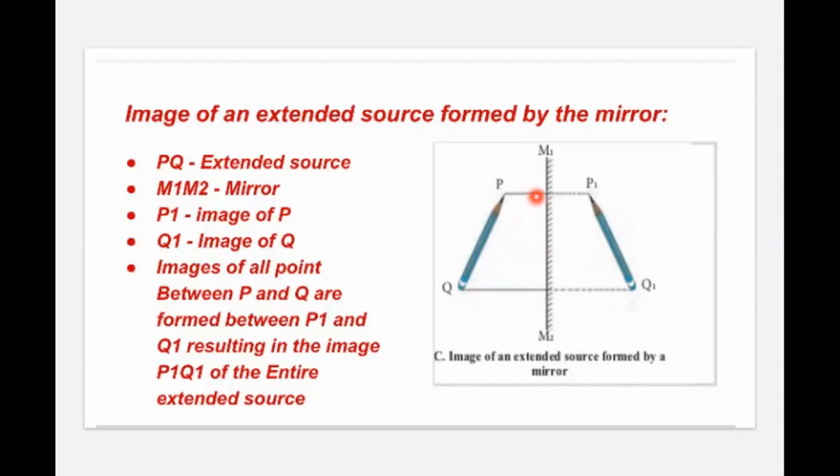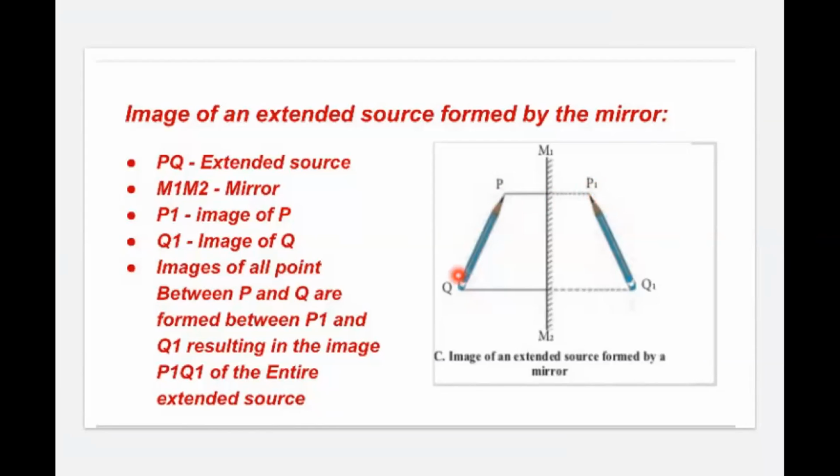Similarly, look at the distance at which the tip is located. Now, what I do is I reproduce this line in the backside of the mirror. At the same distance, I will get some point P1. So I'll locate the point P1 at the backside of the mirror.